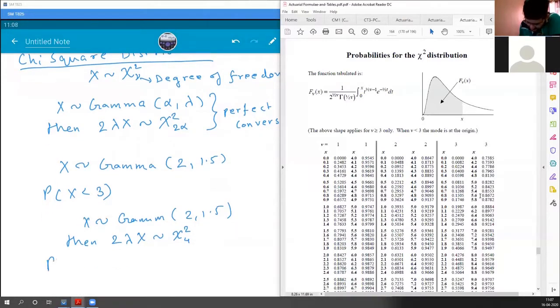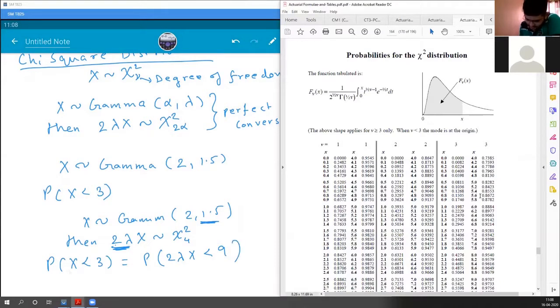Then we need to find the probability x less than 3. So that will be equal to, I will multiply 2 lambda on both sides. So I'll say 2 lambda x will be less than, lambda is 1.5, so I'll get 9. 2 into 1.5 is 3 and 3 into 3 is 9.